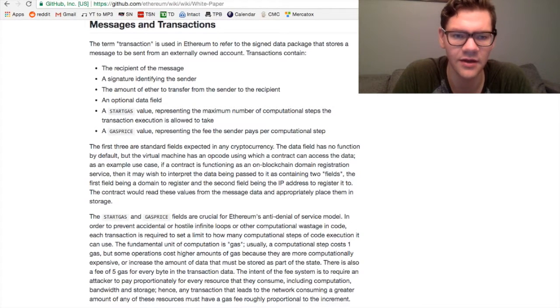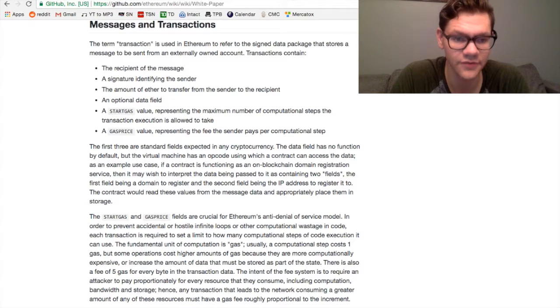Transactions contain the recipient of the message, a signature identifying the sender, the amount of ether to transfer from the sender to the recipient, an optional data field, a start gas value representing the maximum number of computational steps the transaction execution is allowed to take, and a gas price value representing the fee the sender pays per computational step.